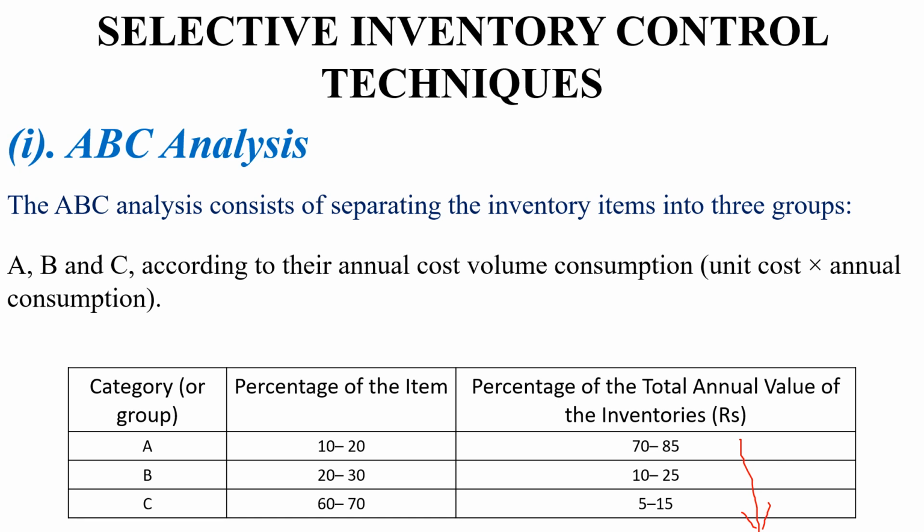Similarly, category C is the items whose total annual inventory value is 5 to 15%, and the percentage of items is 60 to 70%.